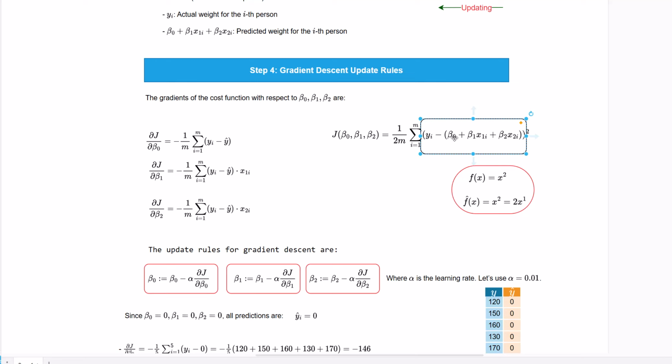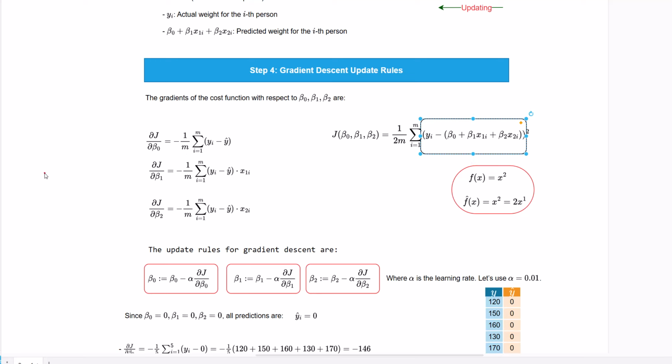This will be minus 1, and the constant will be 0. Any constant will be 0, and this will be 1. So that's why we have minus 1, and because we have 2 here, it will be removed with this, and it will be 1 divided by m, and I have the minus here because we have the minus of the beta 0.